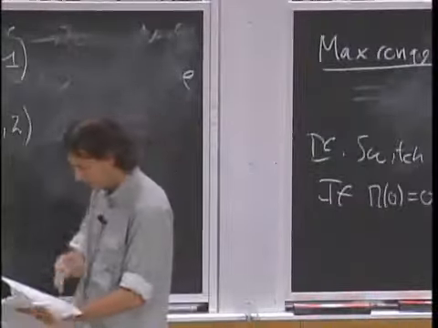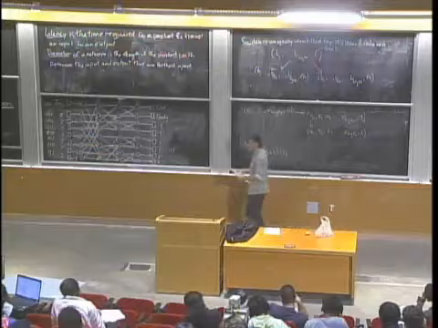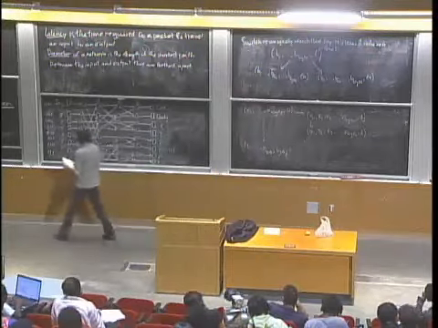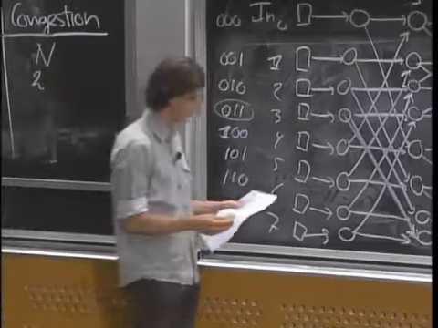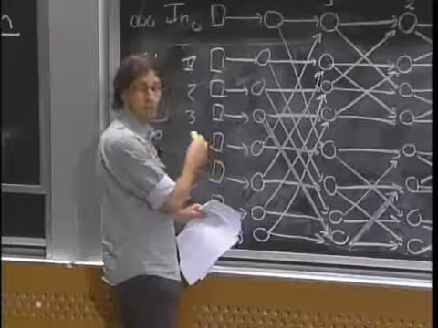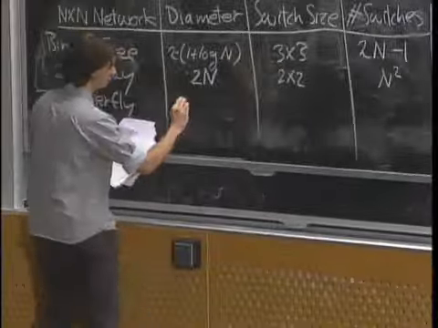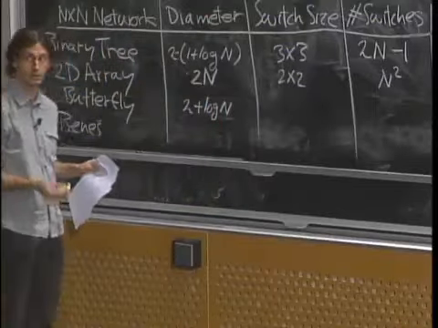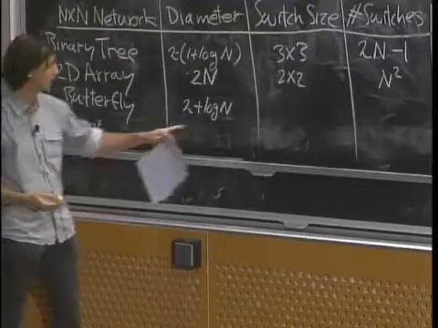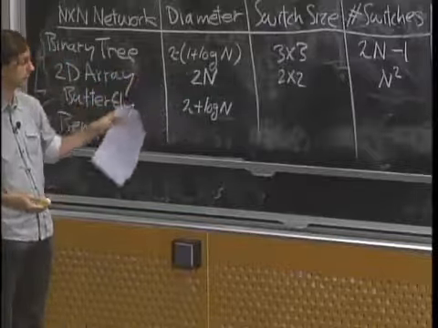Okay, so let's look at the parameters. First of all, if we look at the diameter, it turns out that that's approximately equal to the number of levels, which is the logarithm of n. To be precise, it's actually equal to 2 plus the logarithm of n. So that's great. That's a good scaling. Again, it's back to the logarithm of n. So we have the best of these two parameters.